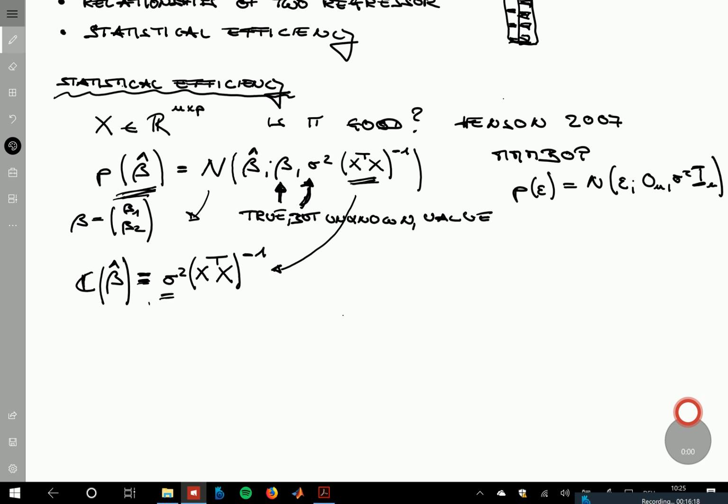Yeah. So that is the covariance of beta hat. Intuitively, you can see this as the variability of beta estimates.